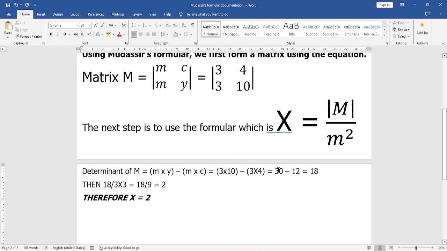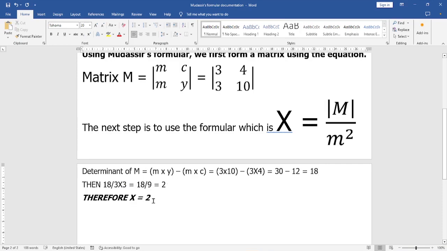So I'm going to have 30 minus 12, which is 18. Since the determinant of the matrix is 18, we say 18 divided by m squared, which is 3 times 3. So we're going to have 18 over 9, and our answer is 2.